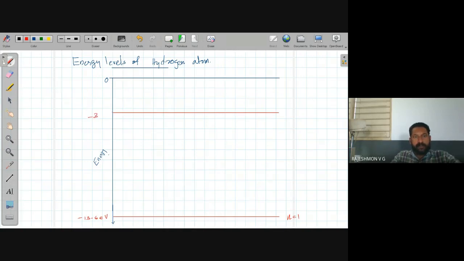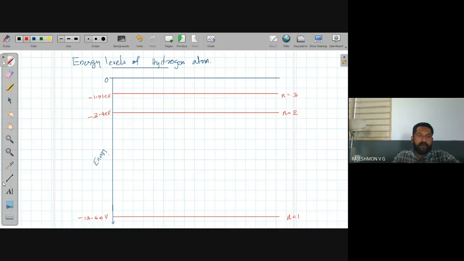Minus 3.4 electron volt, and this is for n equal to 2. Now, again, for n equal to 3, it is minus 1.51, so it will be somewhere here. This is minus 1.51 eV. This is for n equal to 3.